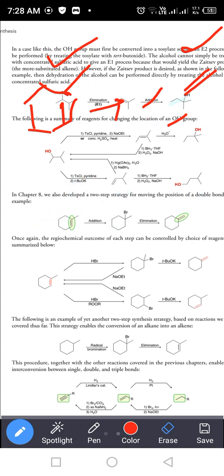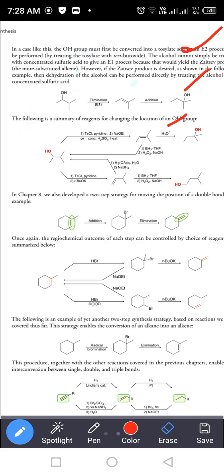We have to design a strategy. We have to convert and change the position of a particular functional group. So the design strategy is given over here. First of all, change the given alkene into alkyl halide.